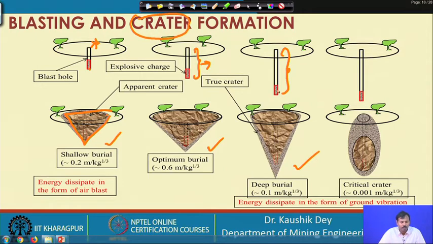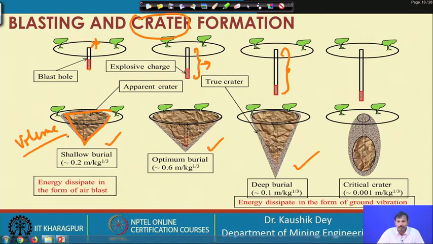So, what will happen? We place the explosive at a shallow depth and observe the volume of the crater. Basically we are trying to optimize the use of explosive, so the quantity of explosive remains the same and we are increasing the depth, observing that if we place that much quantity of explosive, where we are able to get the maximum volume of crater, that means maximum fragmented rock mass.